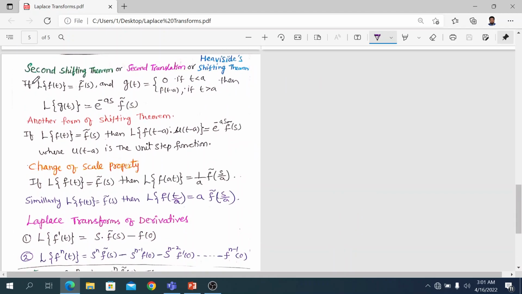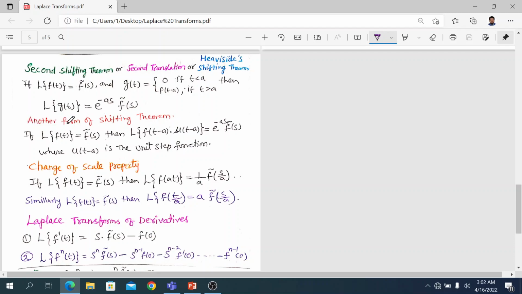Now next, second shifting theorem or second translation or Heaviside shifting theorem all have same meaning and same formula. If Laplace of f of t is equal to f bar of s and g of t is equal to 0 if t less than a and f of t minus a if t greater than a, then Laplace of g of t is equal to e power of minus as f bar of s.